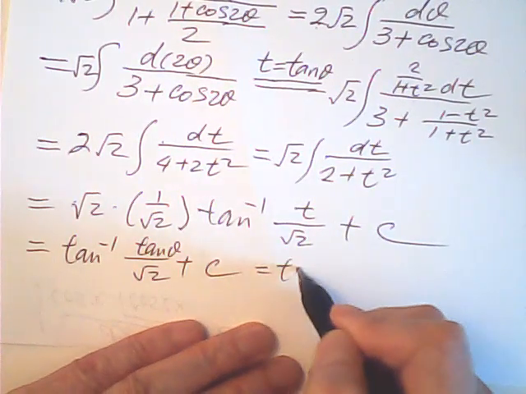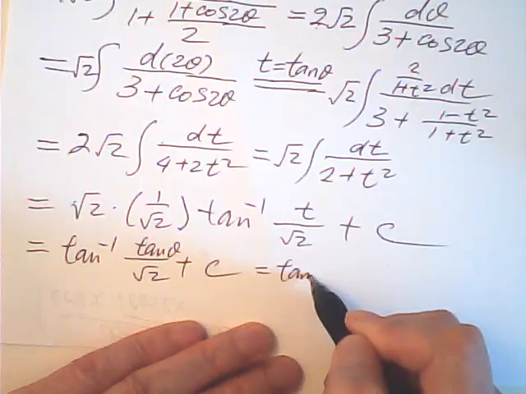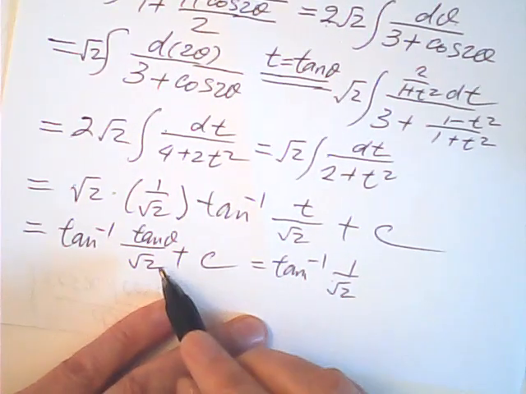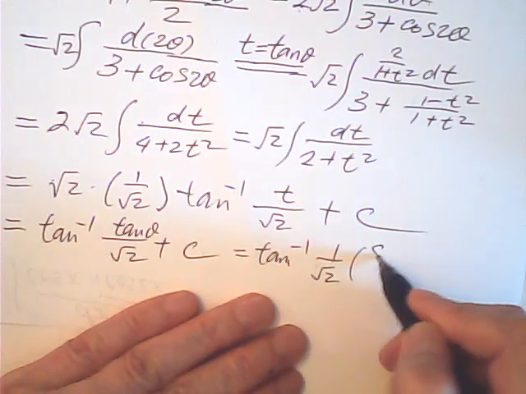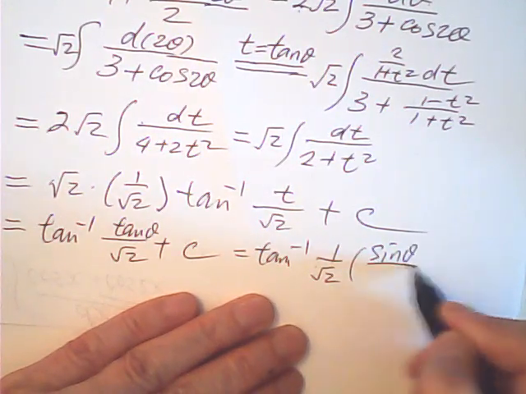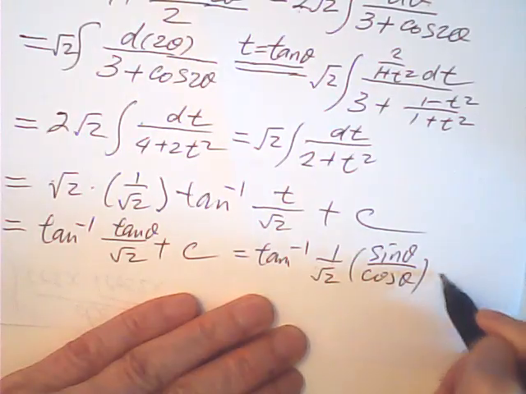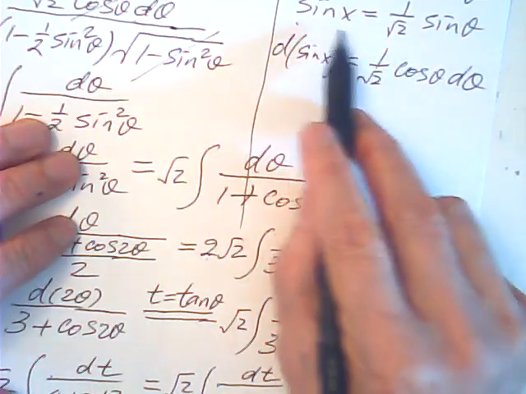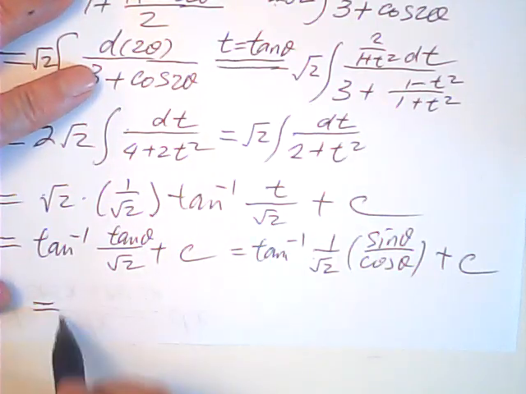And this is equal to arctangent 1 over root 2. Tangent is sine over cosine. Sine is this, right? Sine is root 2 something.